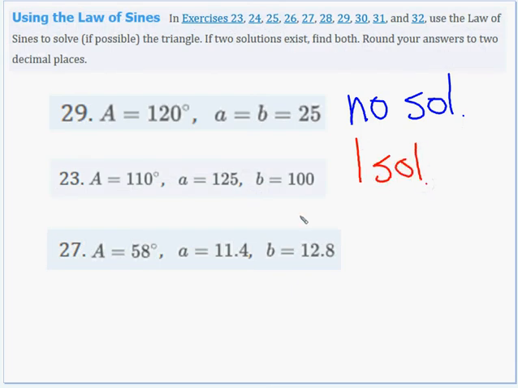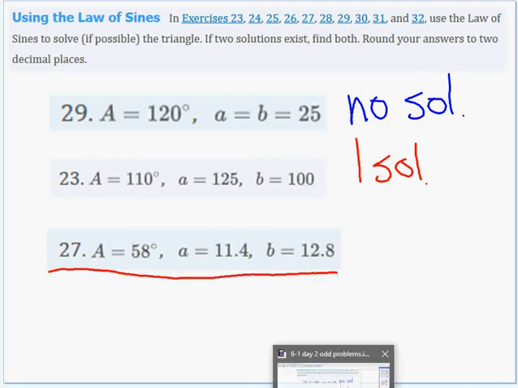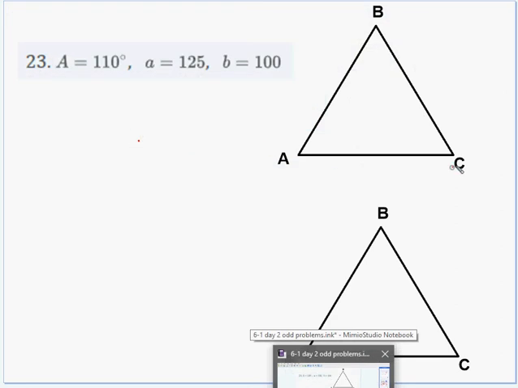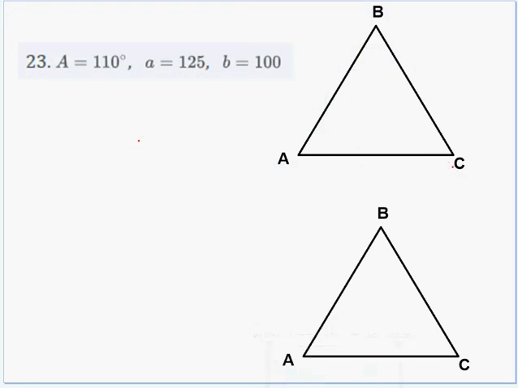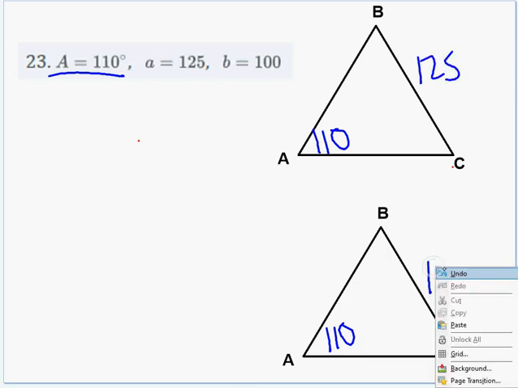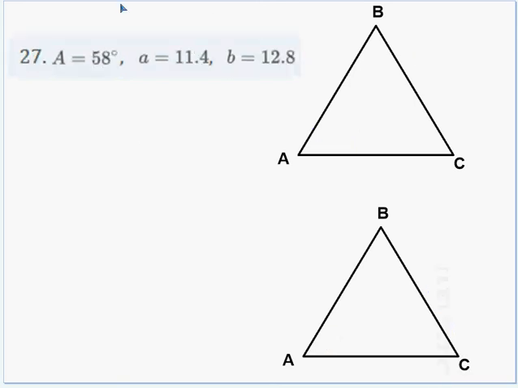So if we're thinking ahead, no solution, one solution, this one is going to have two possible solutions. So here we go. Ooh, I went to the wrong one. 27, there it is.